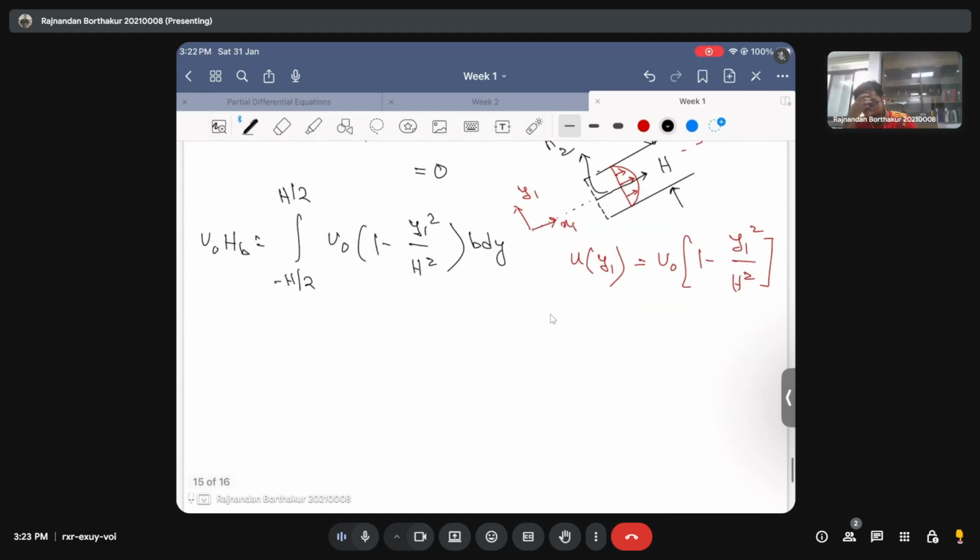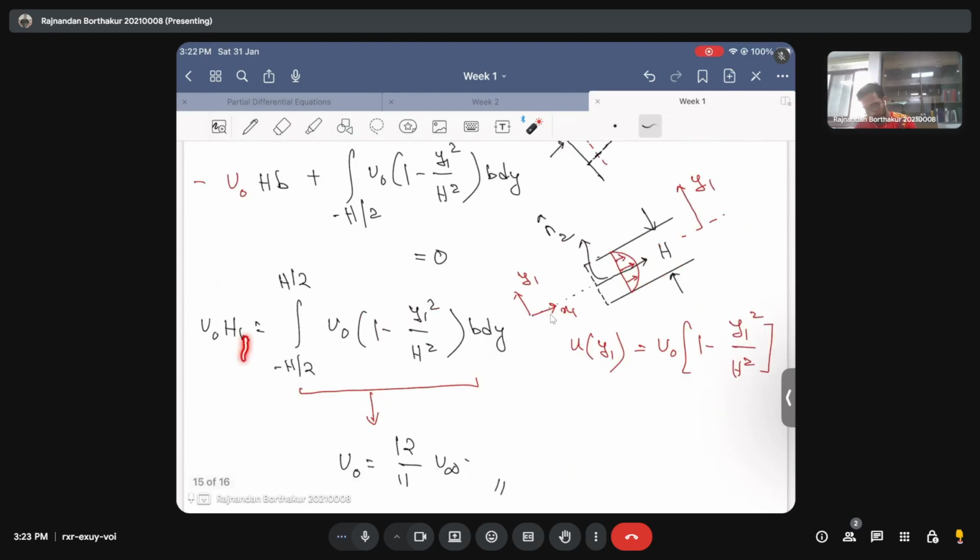If you do this integration, and I believe you guys are at least expert now in doing integrations, you will simply get a relationship of the form u naught equal to 12 by 11 u infinity. Okay, this is something that you will get. When you take this integration, this b will cancel, because your b is just the width.